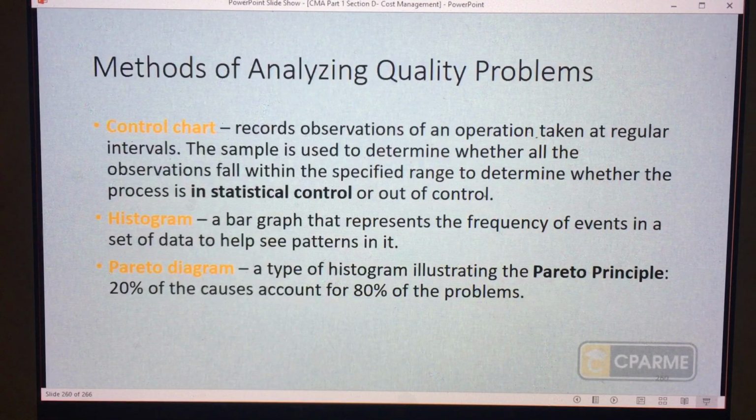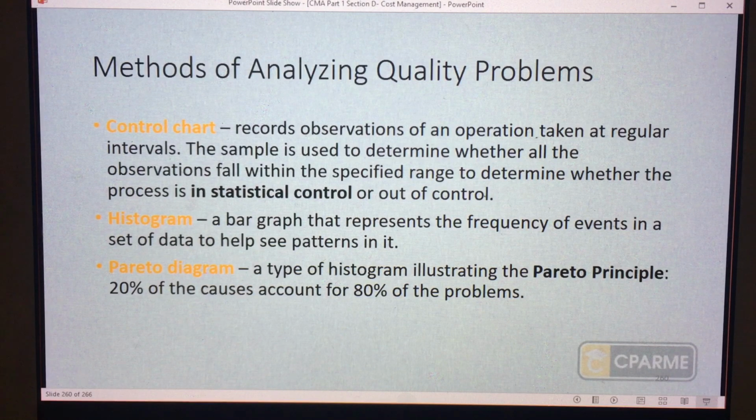Methods of analyzing quality problems, you could use your control charts, your histogram, and your Pareto diagrams. Now, they will only ask you this about the concept, perhaps a definition, but not really to give an example. That's not in your essay. And so I've not seen one yet asked na for you to make one yet.